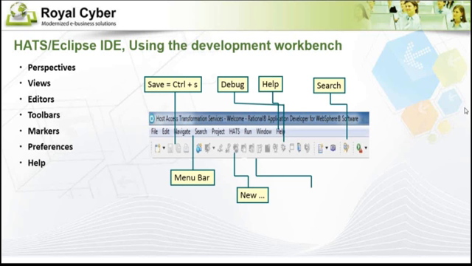It provides some common tools and features for Java developers. Built on top of the Eclipse platform, Application Developer adds a great number of capabilities including J2EE development, XML, web service development, database development, and of course HATS development that we are going to discuss today.